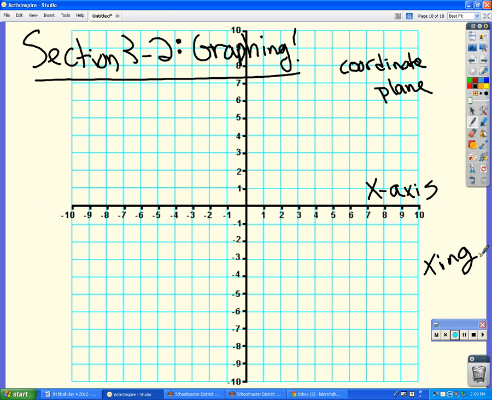So x goes across. What's this axis here? Y-axis. And that is the y-axis. If you have a hard time remembering that, when you make a y, it goes up and down. It's got an up and down tail on it. So across is x, up and down is y.